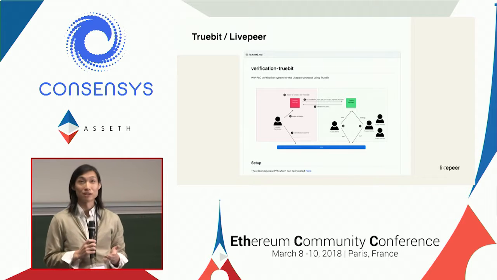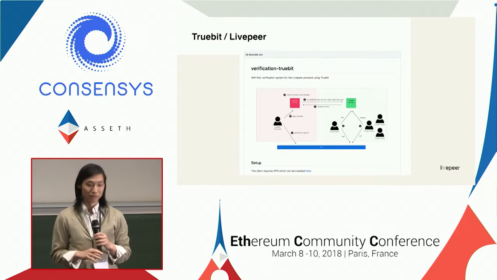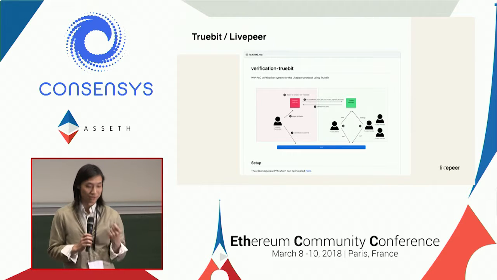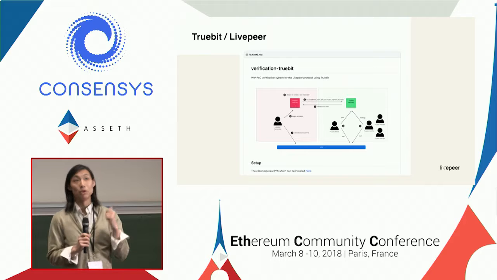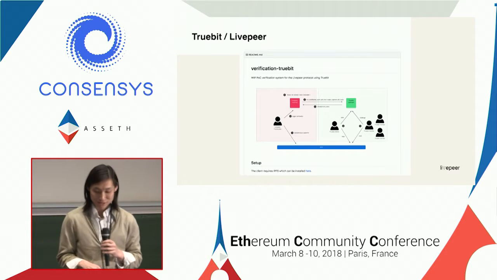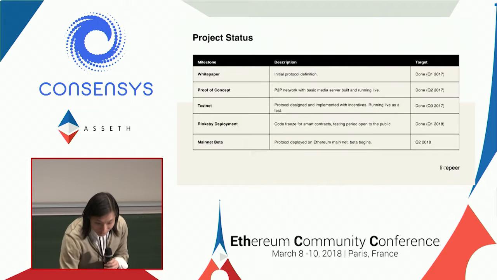If you haven't checked out TrueBit, you should definitely do that. It's a really cool project. They use some really clever compiler-level trickery to narrow down the computation to a single computation step and execute that on chain, and it's able to figure out who has done the right work. I think they're looking for compiler engineers to join their team, so if you're interested, you should definitely talk to them.